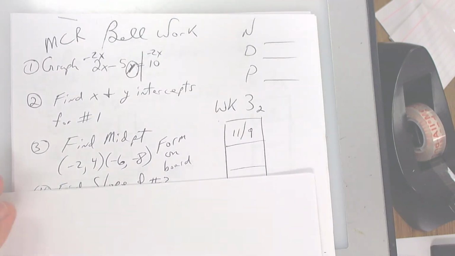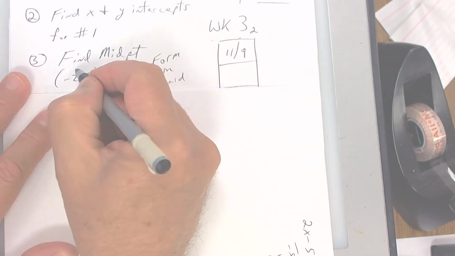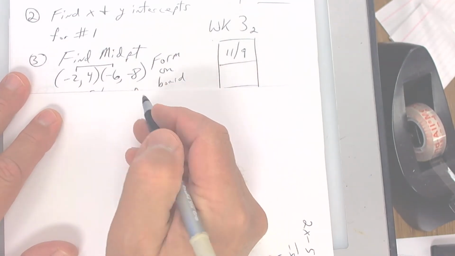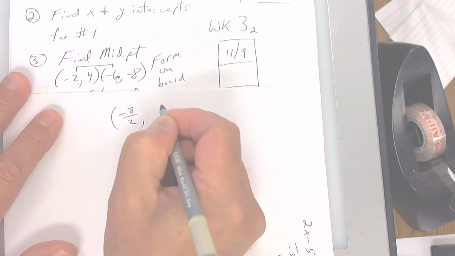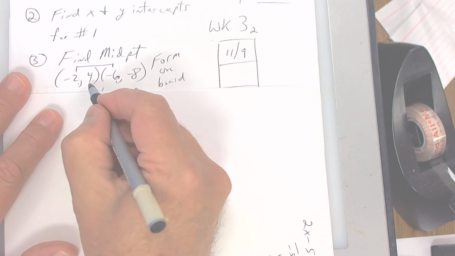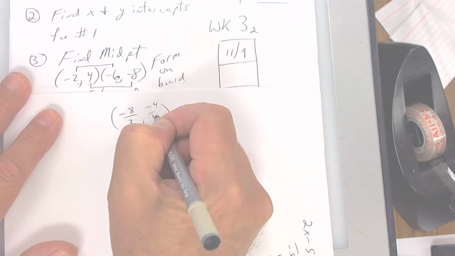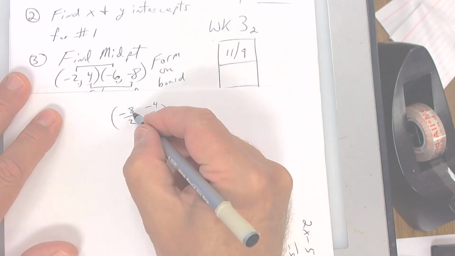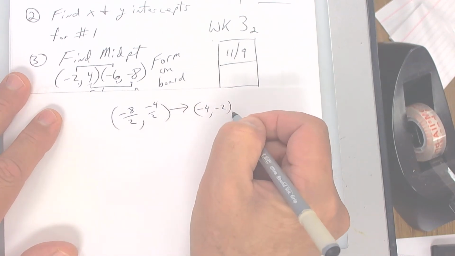All right, find the midpoint. The formula is on the board. It's x plus x. So you're going to add these up and divide by 2. So this plus this is a negative 8 divided by 2 because it's a midpoint. You add up your y's. That gives you a negative 4 divided by 2. So your answer on your test would be negative 4 and negative 2. That's the midpoint.